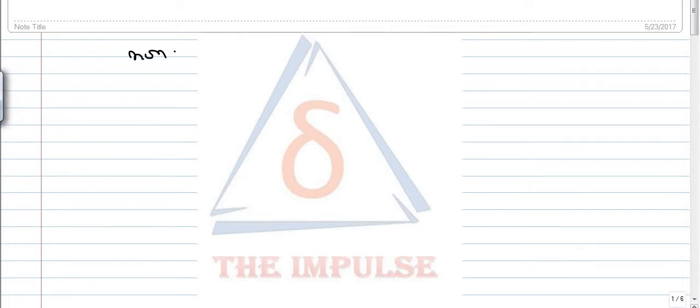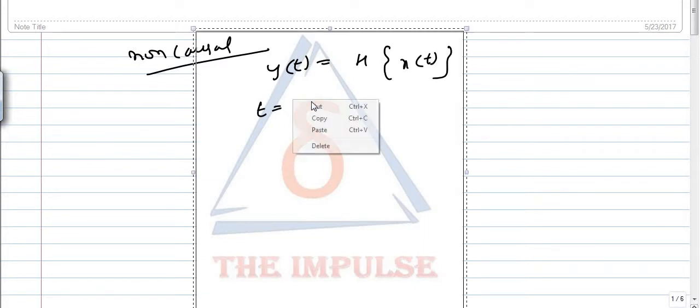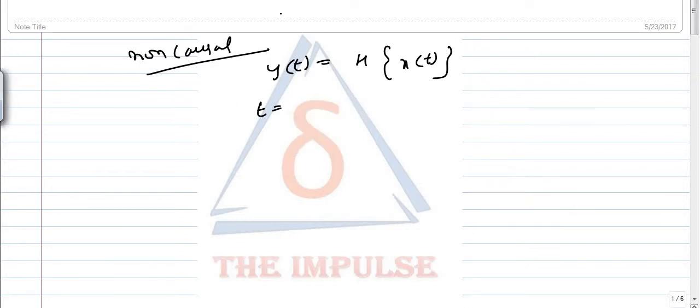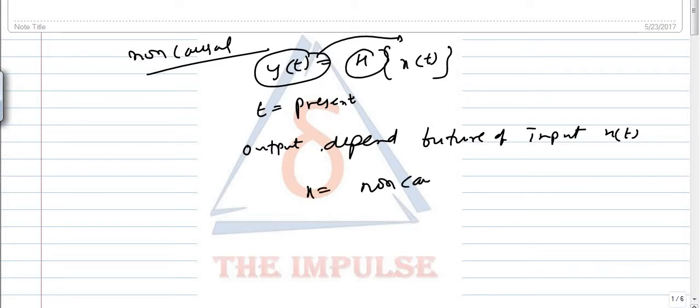Now coming to the non-causal system and the anti-causal system. First, the non-causal system. Any system can be represented something like this. For any present value of time t, if my output depends on the future value of input x(t), then this system H is called a non-causal system.